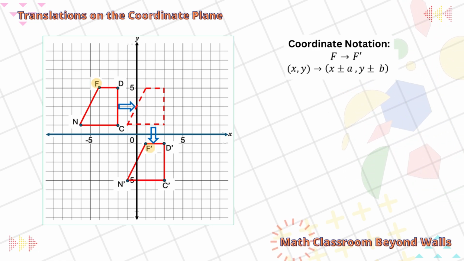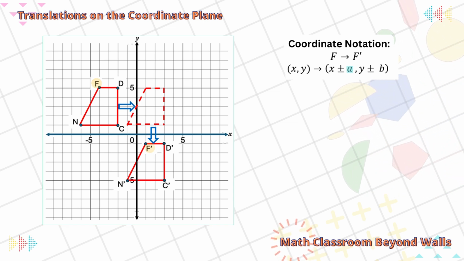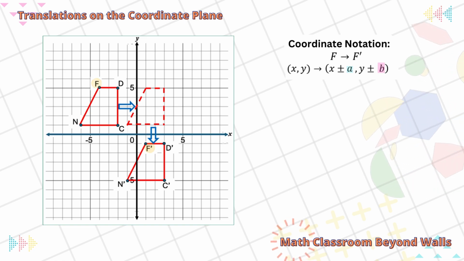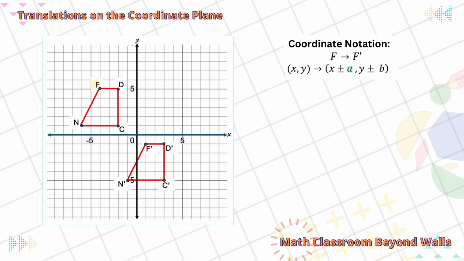Our aim here is to obtain the values of A, the push along the x-axis in terms of the number of units, and B, the push along the y-axis in terms of the number of units, so that we can plug those into our coordinate notation that will define our translation rule. Let's go.